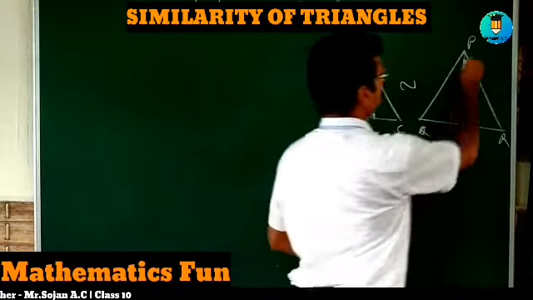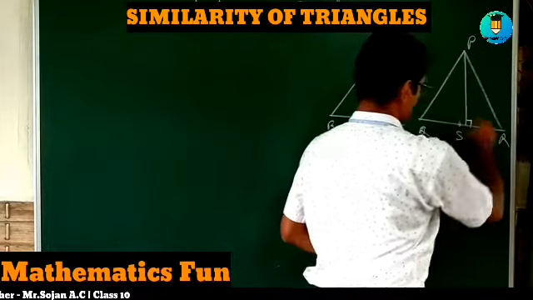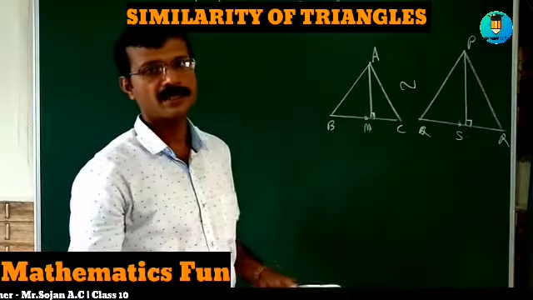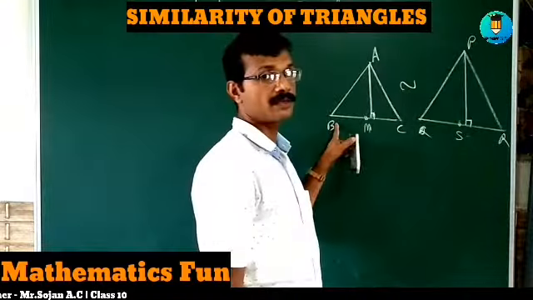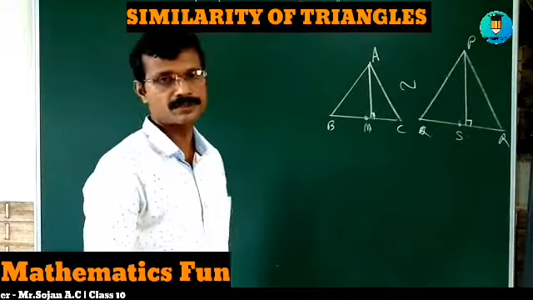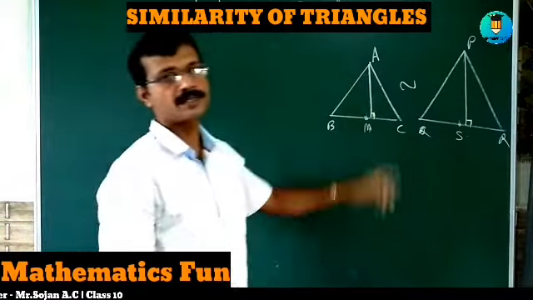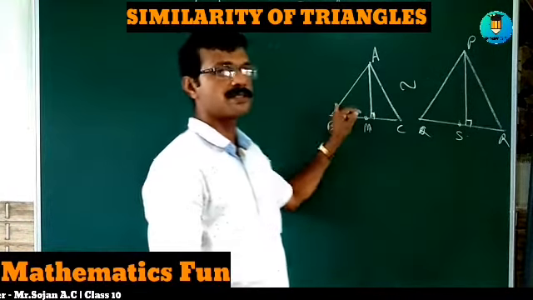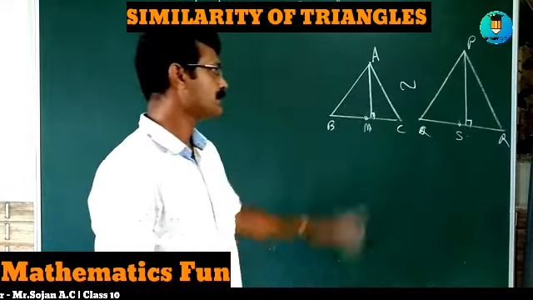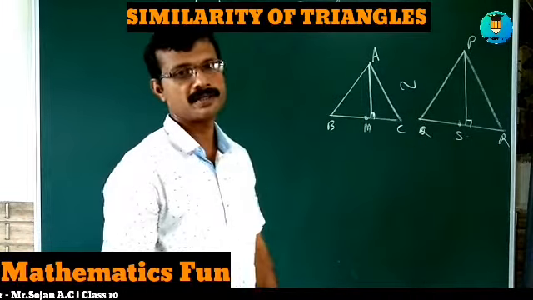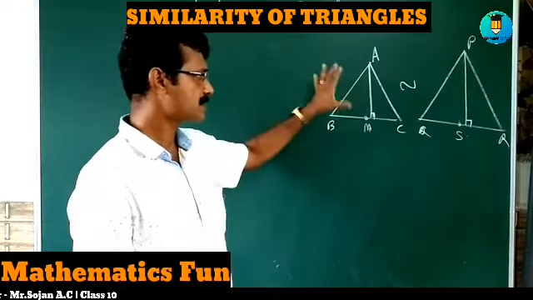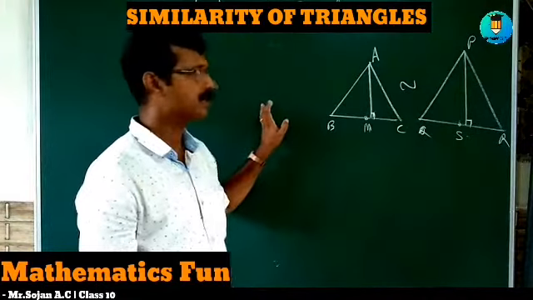Altitude is here. So if two triangles are similar, the ratios of the sides will be the same as the ratios of their altitudes. Another result: if two triangles are similar, the ratios of their sides are equal to the ratios of their perimeters.